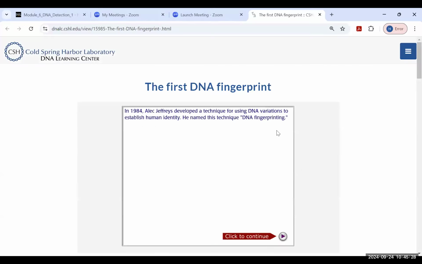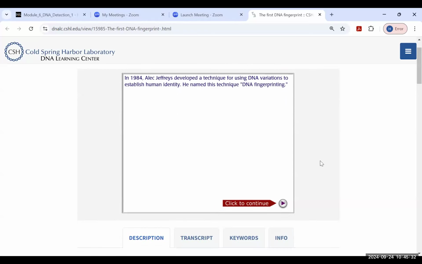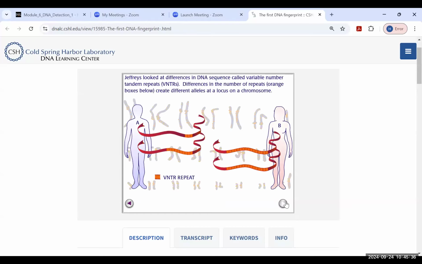Okay, share. So this is the first DNA fingerprint that was done. In principle, how does it work? As I said, those variable number tandem repeats have different numbers of repeats.